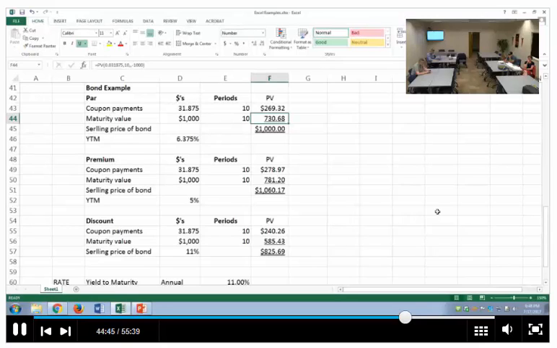In other words, the coupon is 6.375. The market only requires 5%. So when my coupon is greater than the required rate, the bonds sell at a premium. In other words, they sell at an amount greater than the face value.